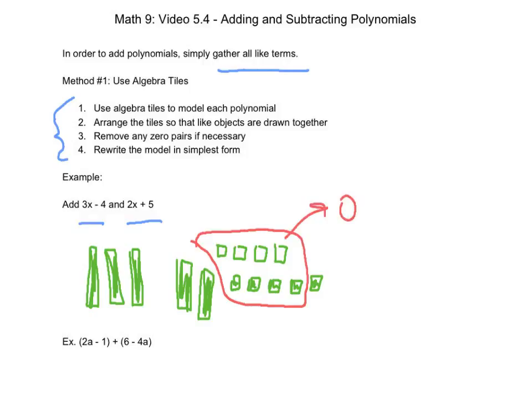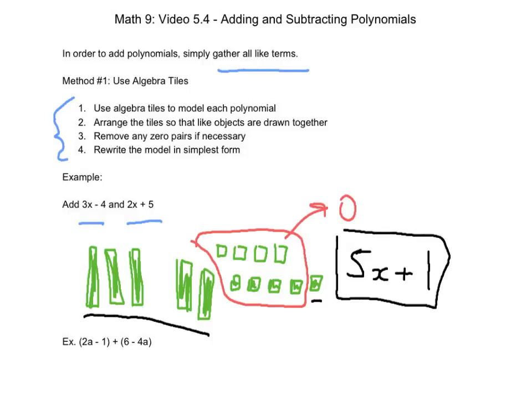Those cancel off to 0, so we can get rid of those. And then we are able to rewrite the model in simplest form. So the model would be these 5 x's and this 1 left. So simplest form would be 5x plus 1, and that would be your answer.